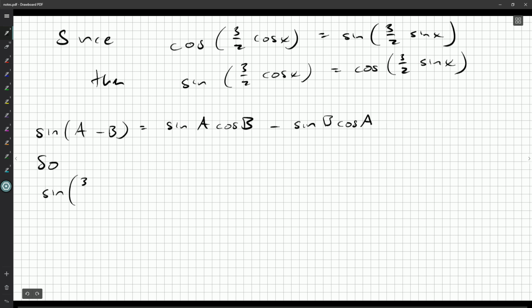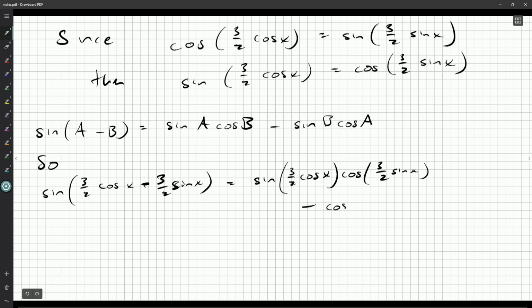So sine of 3 halves cos x, that doesn't really matter the order, sine 3 halves sine x should be sine 3/2 cos x, cos 3/2 sine x, minus cos 3/2 cos x, sine 3/2 sine x.